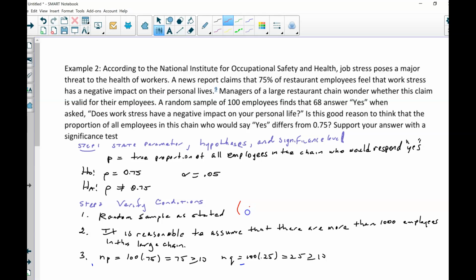And again, the reason for this is so we can generalize our results to the population of interest. The second condition, it's reasonable to assume that there are more than 1,000 employees in this large restaurant chain. So that's the 10% condition.